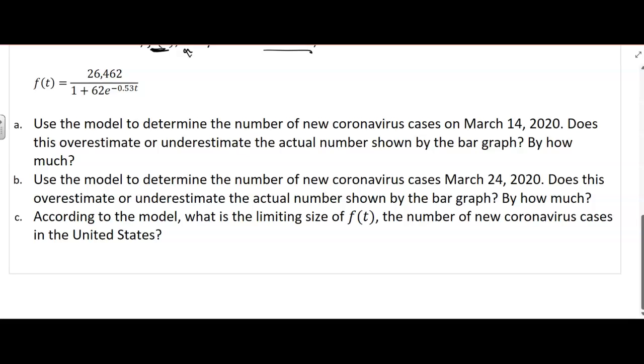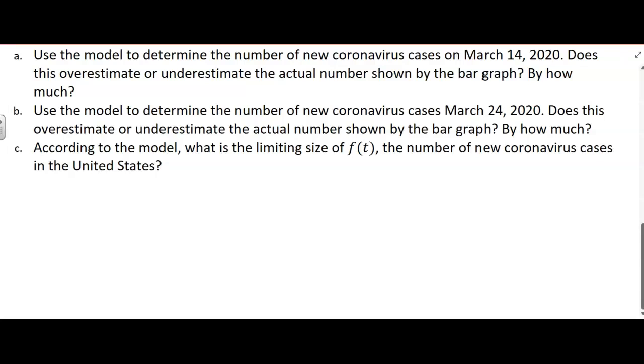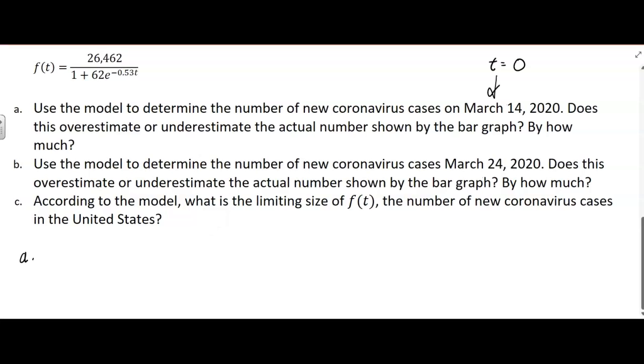Use the model to determine the number of new coronavirus cases on March 14th, the actual day that we're starting. If that's when we're starting, then t is equal to 0. We've gone no days past March 14th. So we're finding f of 0. That's 26,462 divided by 1 plus 62 e to the negative 0.53 times 0.